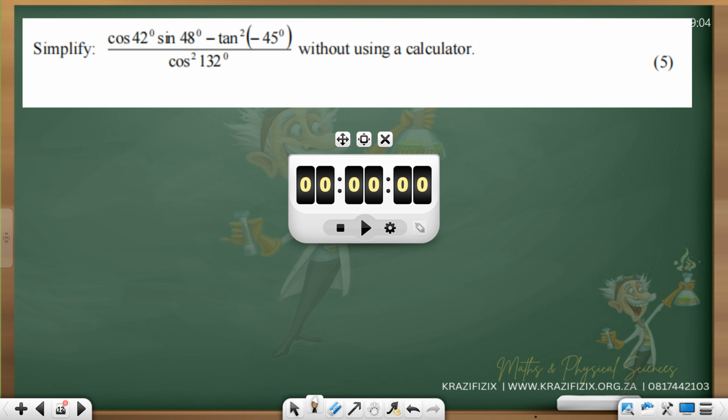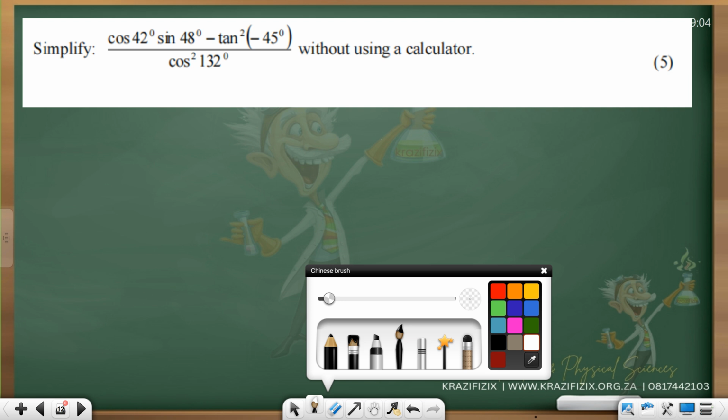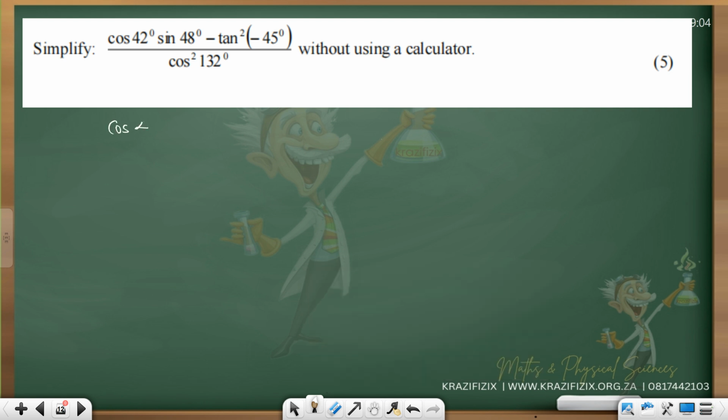All right. Let's see quickly. What is cos? Now, if you notice, cos 42 is already cos 42, there's nothing I can do about it. It's already a small angle. But I'm seeing something here. There's a negative there on that 45.